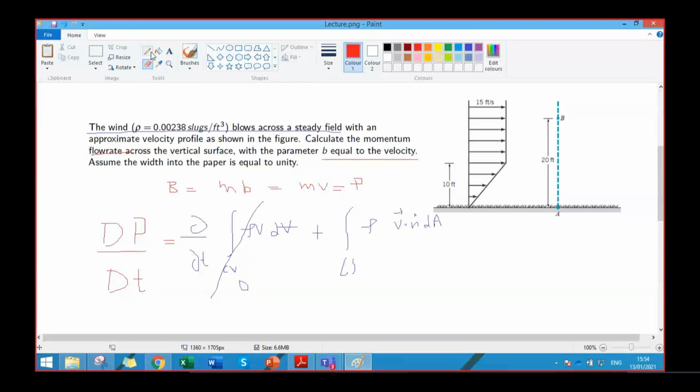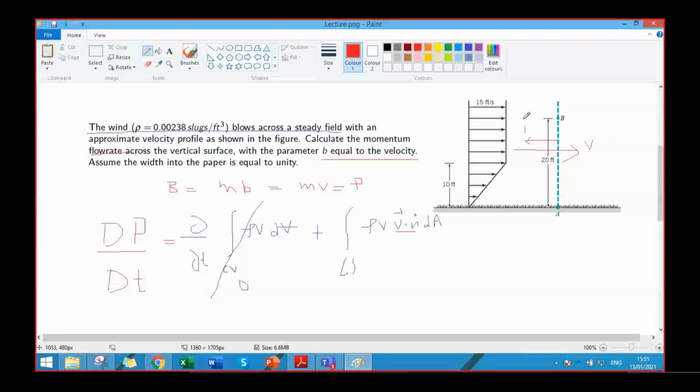So I'm writing that velocity in red. V dot n would be, if the flow is in this direction, this is the velocity vector, and this is the area normal, so it would be negative.